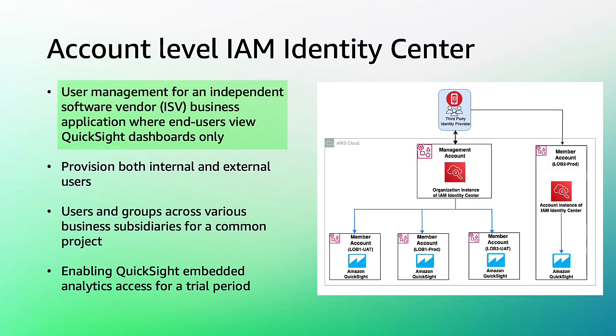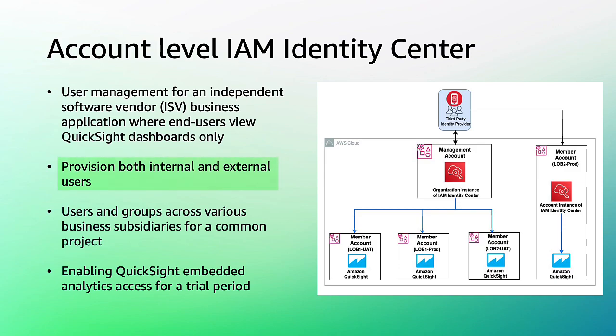So for your application access as well as for embedded QuickSight dashboard, you can leverage the authentication of IAM Identity Center, and QuickSight dashboard access and data access can also be controlled by authorizing these IAM Identity Center users and groups. As users can be external across multiple organizations which are accessing your application, that can be internal or external users. Account instance rather than organizational instance may be better suited for such scenarios.